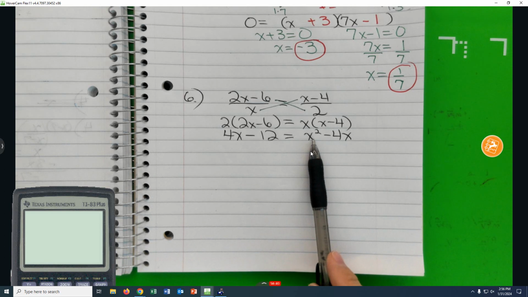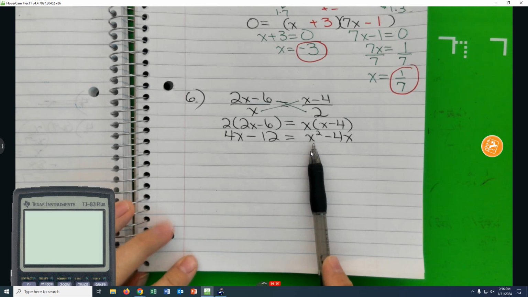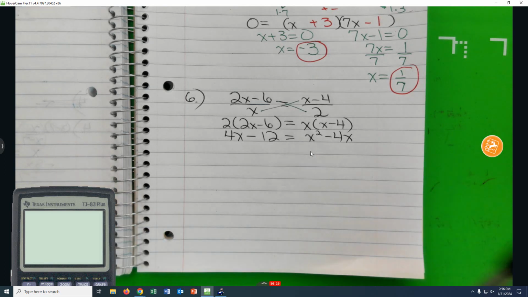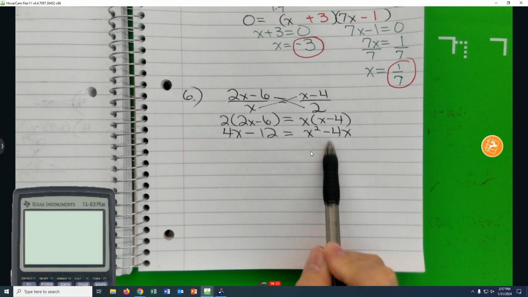Oh, it's quadratic. So we're going to either factor or use the quadratic formula. We're going to have to get it set equal to 0. Whether you factor or use the quadratic formula, the equation needs to be set equal to 0. Do you think I'm going to get the 0 on the left side or on the right side?